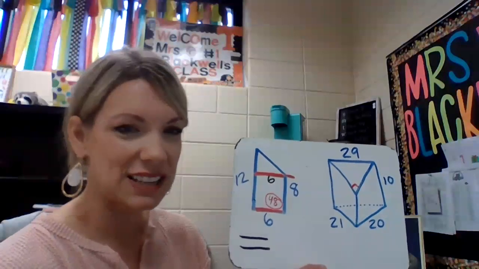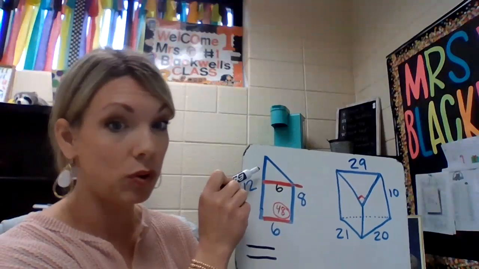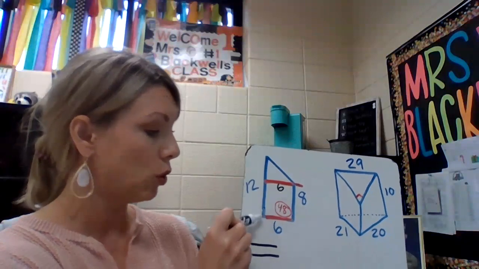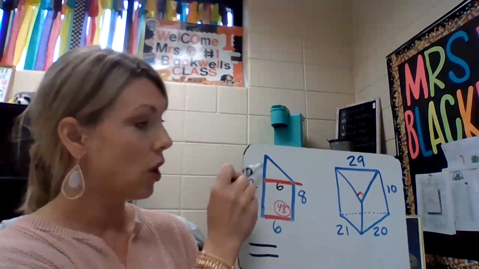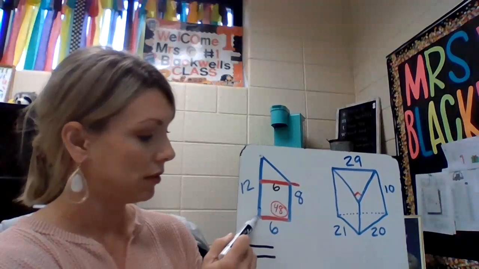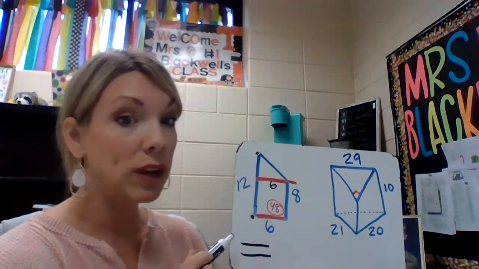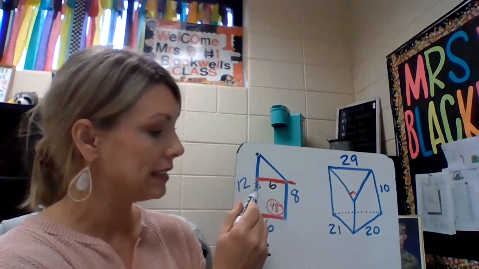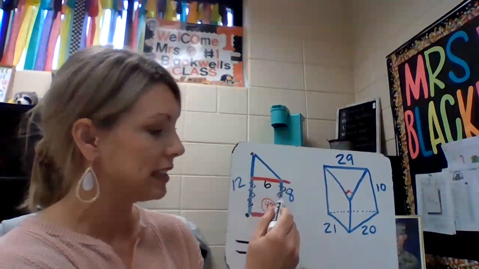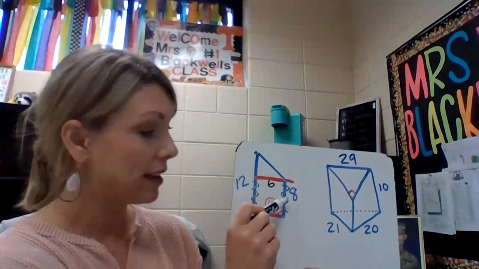Now, what about the height of the triangle? Does it give you a height for just the triangle? No. It gives you the height of the whole entire polygon, though. If the whole entire polygon from here to here, there to there, if that whole thing is 12, and we know that this line is parallel to this line, that tells us that this is 8 over here, because that one is 8.